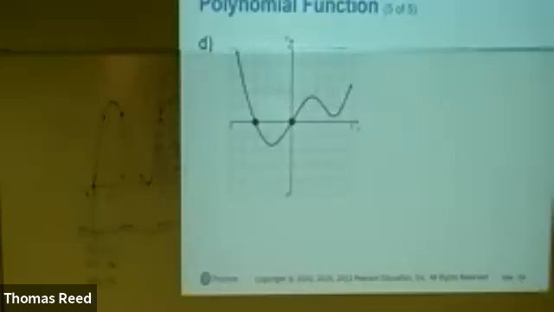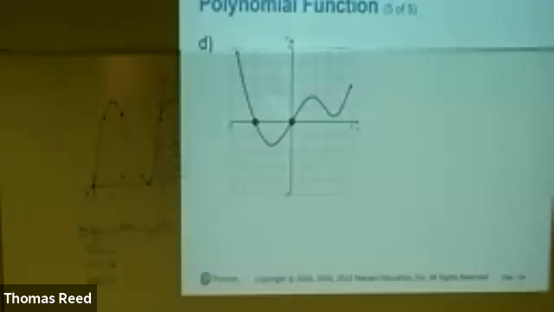What are the x-intercepts? I think -3 and the one that's in the middle, 0.